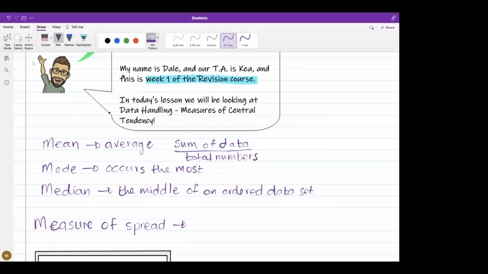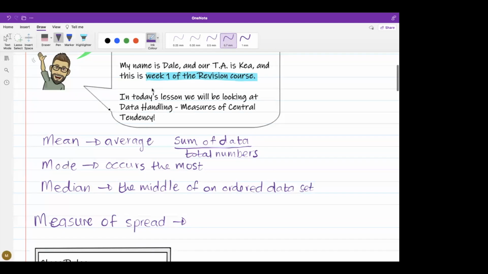Ma'am, the measures of spread tells us how far apart the data values are in a data set. That is a fantastic answer. Well done. So how far the data is spread, and how do we work that out? How can we show that spread?